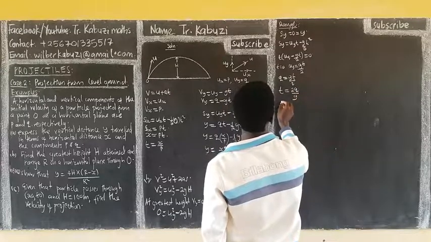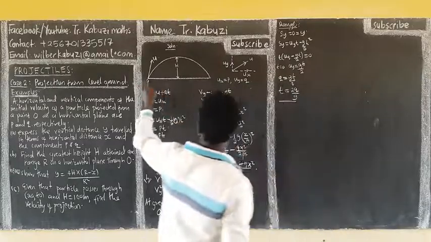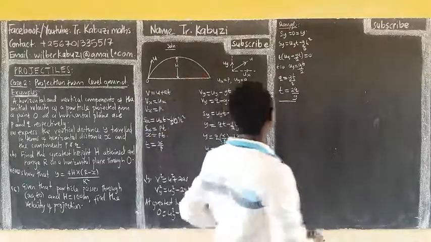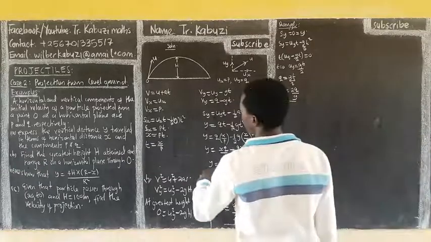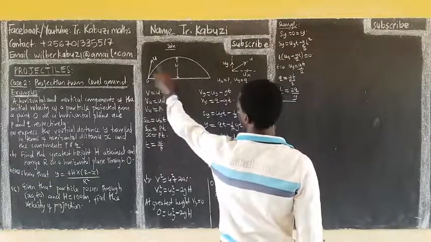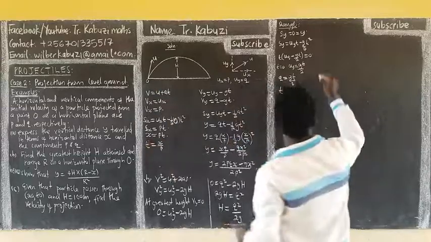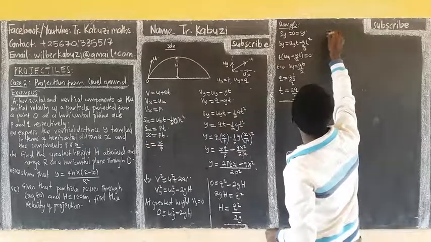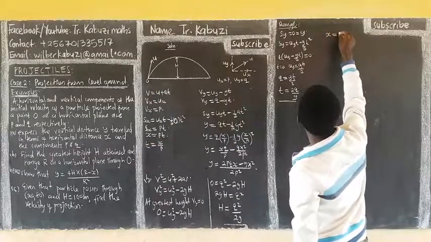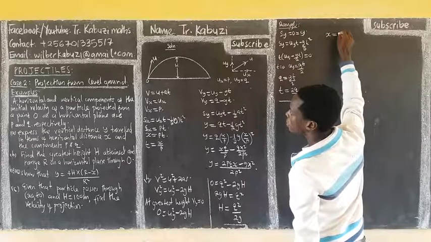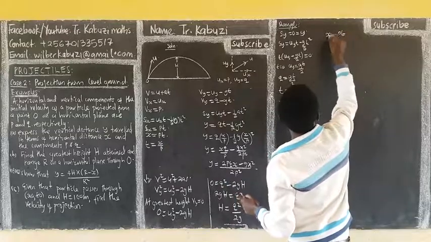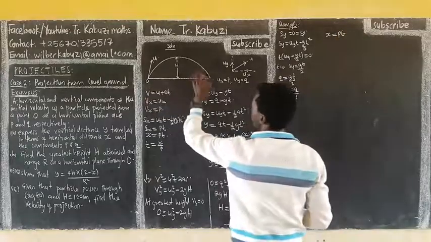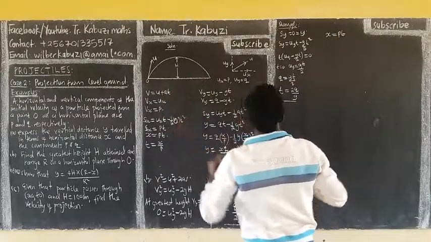So now we have the time that it requires to cover from here to here, implying that we can now get the distance covered in terms of x from here up to here. So our x, remember, equals our p times t. But by the time this particle is here, our x is going to be the range.